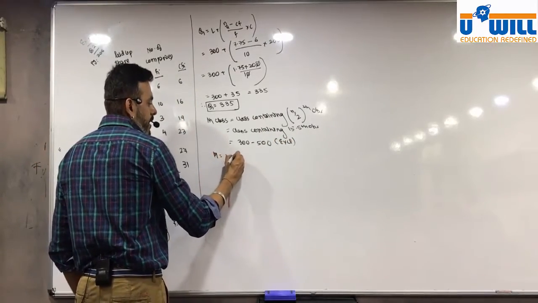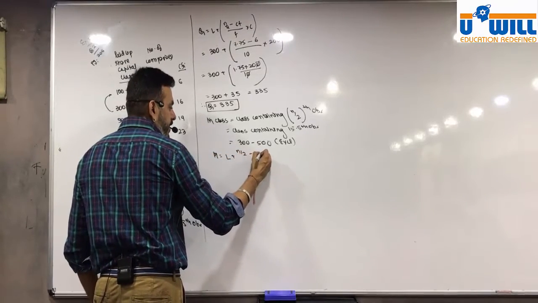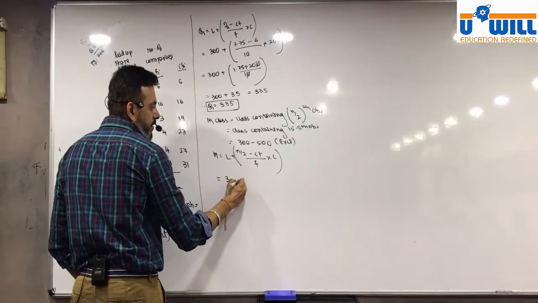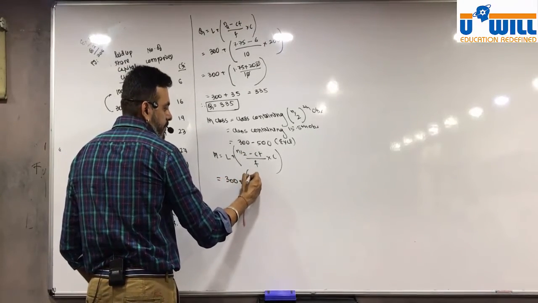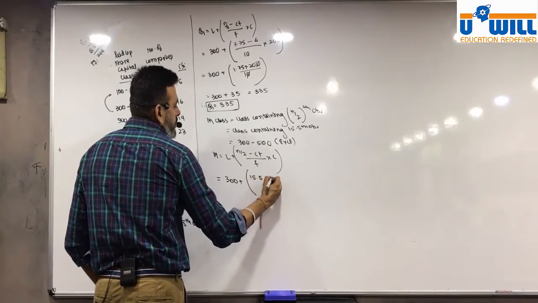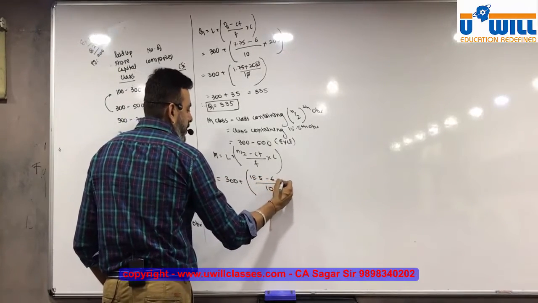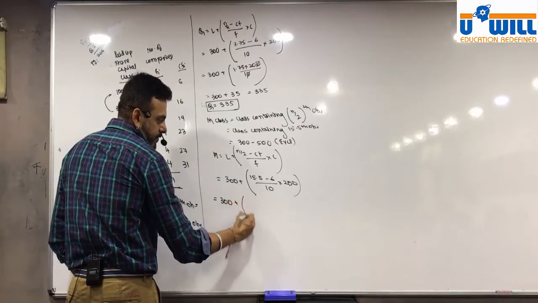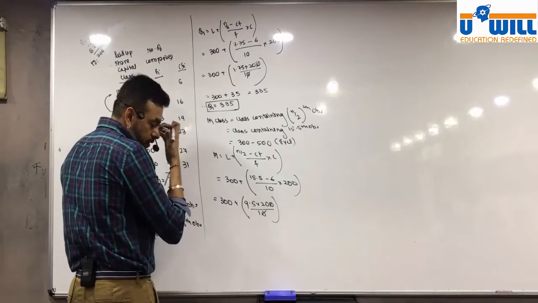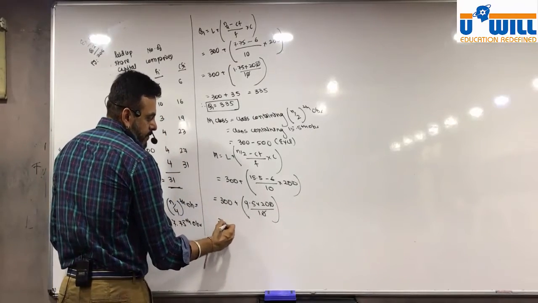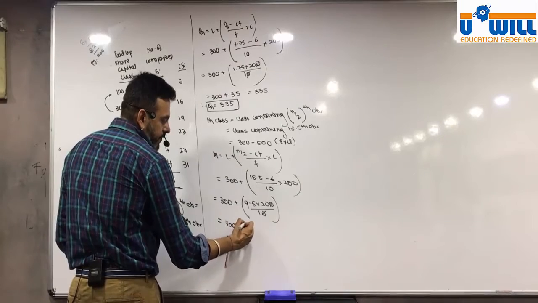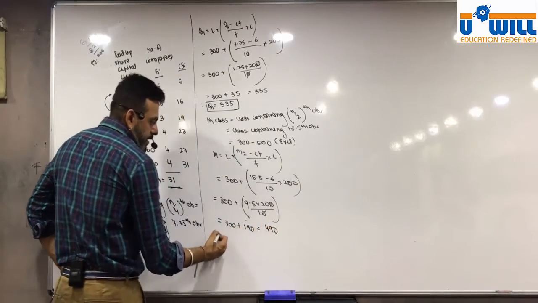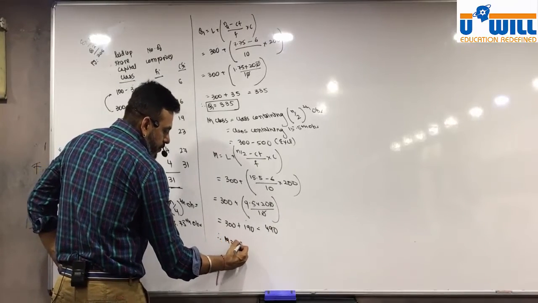M is equal to L plus n by 2 minus CF upon f into c, equal to 300 plus 15.5 minus 6 upon 10 into 200. 300 plus 9.5 into 200 by 10, which is equal to 300 plus 190, equal to 490. Therefore, M is equal to 490.